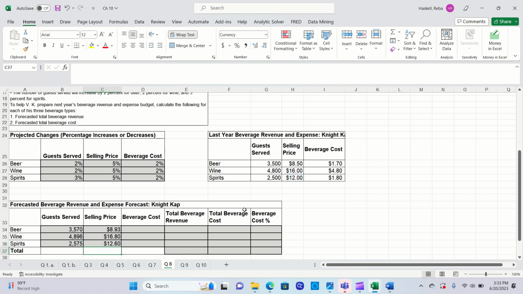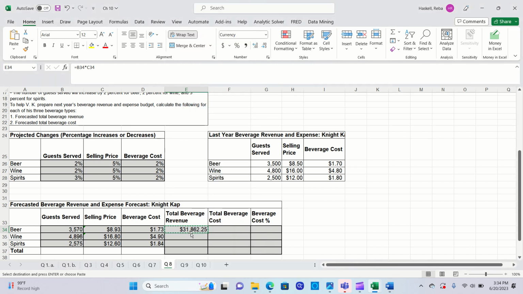All right, so our beverage cost, that is going to increase by 2%. So let's look at our beverage cost and increase that by 2%. So our total beverage revenue, let's take our guests served and multiply that by our selling price.